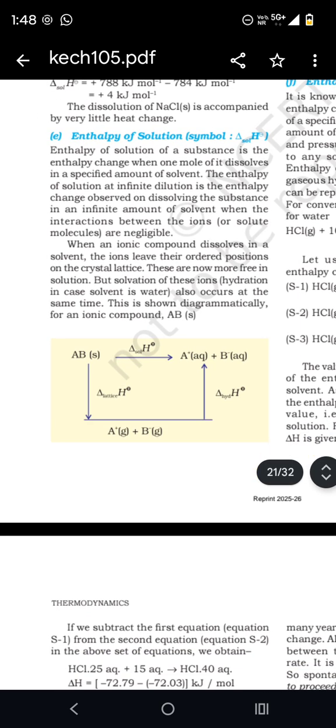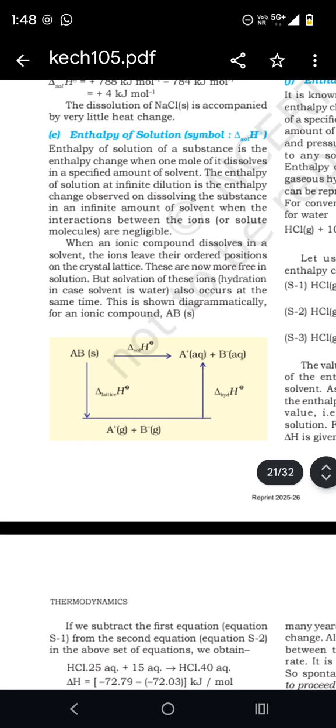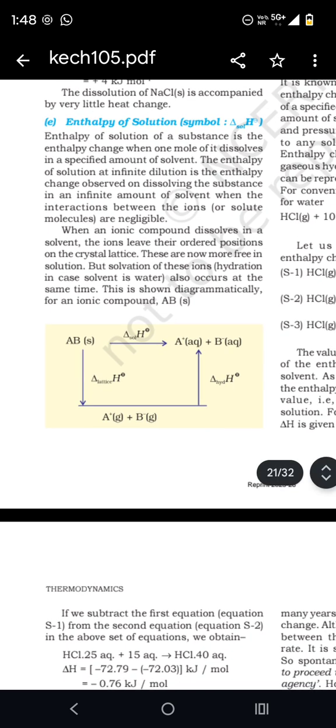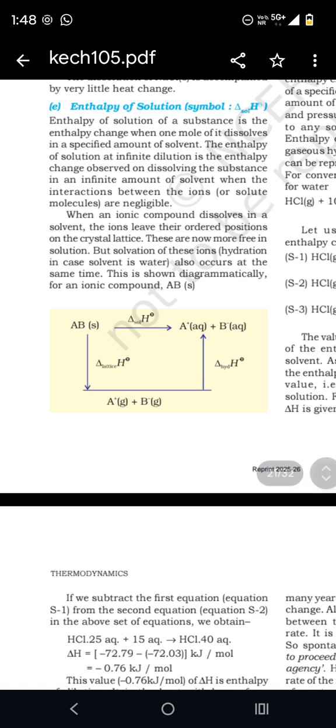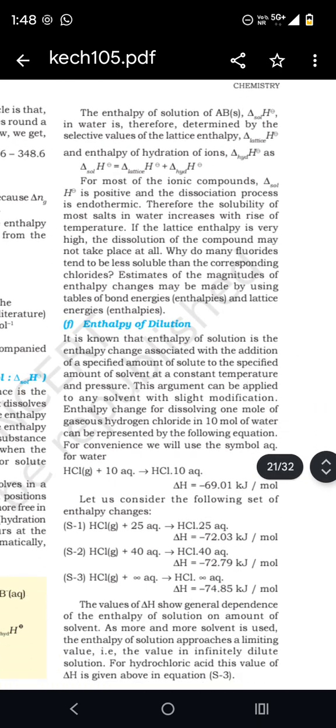When an ionic compound dissolves in a solvent, the ions leave their ordered positions in the crystal lattice. These are now more free in solution, but solvation of these ions also occurs at the same time. This is shown diagrammatically for the ionic compound.